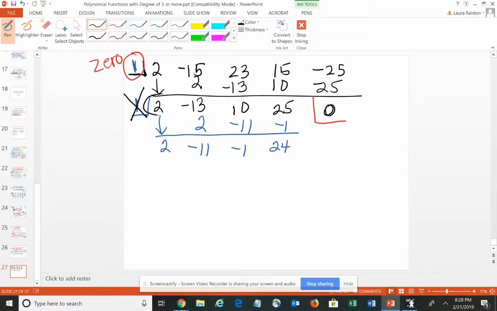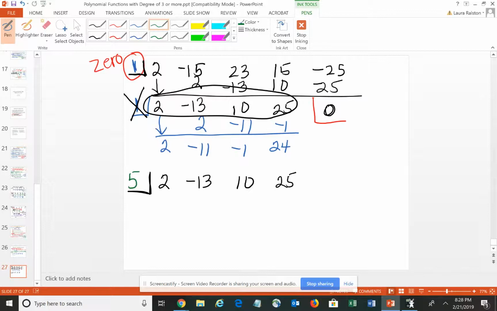So I'm going to start where I finished. I'm going to write it down again: 2, negative 13, 10, and 25. It also looked like on my graph that the value of 5 was a 0, so I'm going to try the 5. Most of you would probably try to avoid the fractions if at all possible, so that's why I'm trying the whole numbers first, and that's probably a good idea.